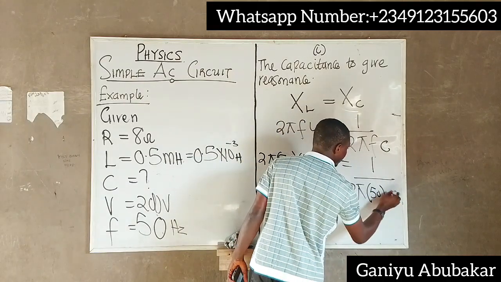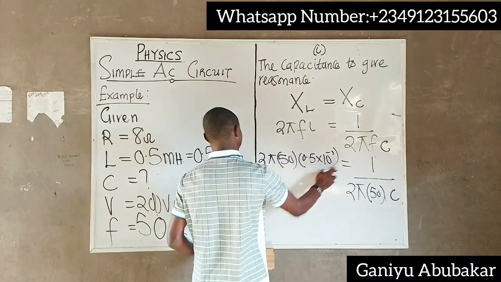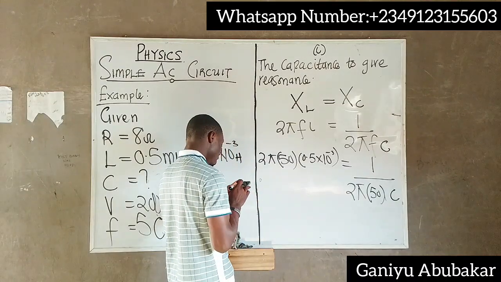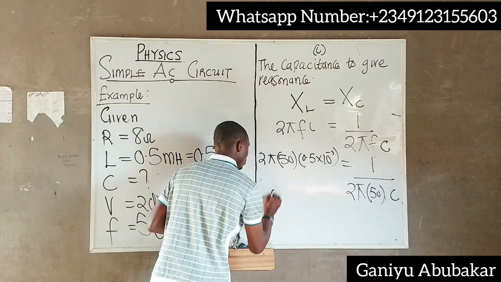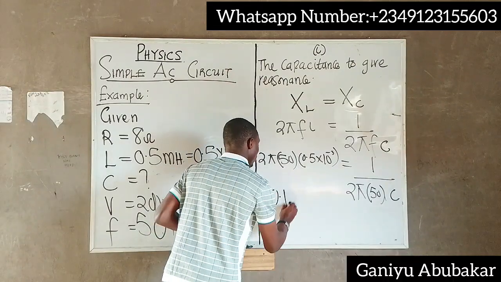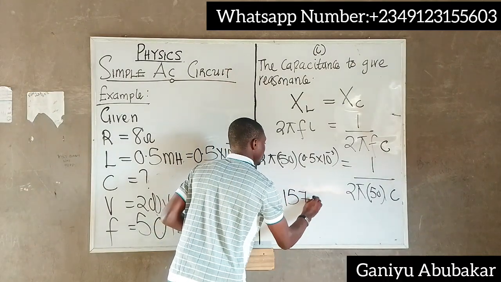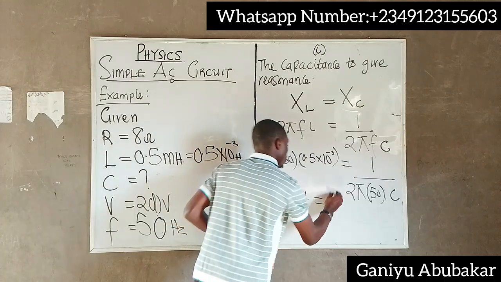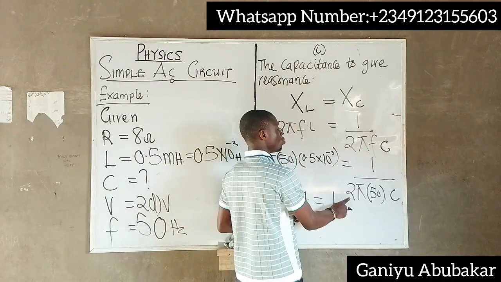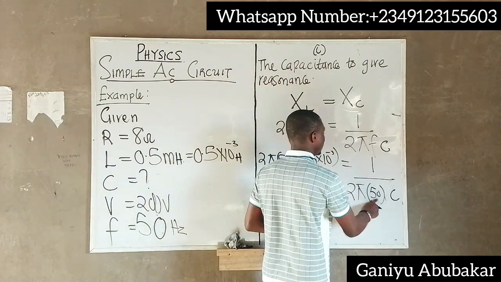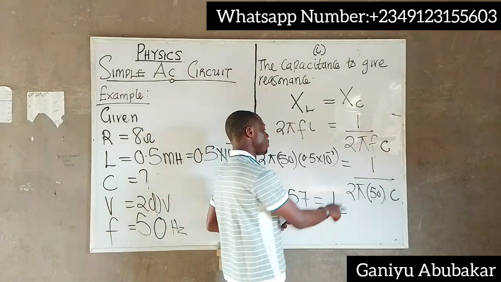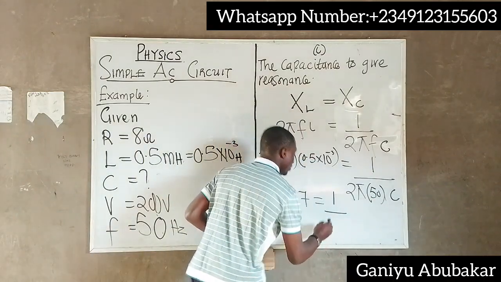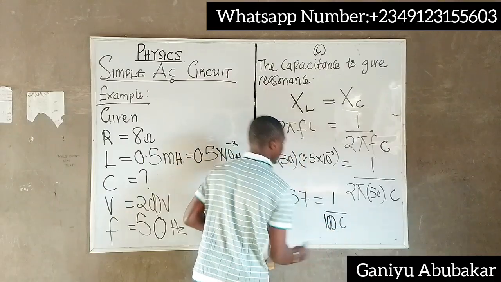Now multiply this side. Everything here gives you 0.157. This is equal to 1 over 2 times pi times 50. Of course, pi is 3.142. Multiplying by 2 times 50 gives 100, so it gives you 100C.